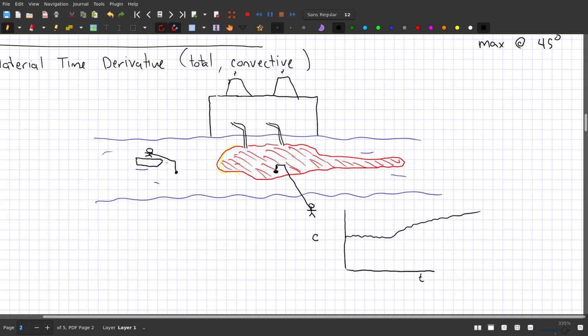The flow of the river, right? So I'm moving with the flow of the river, and so a little bit later in time, I'm here.